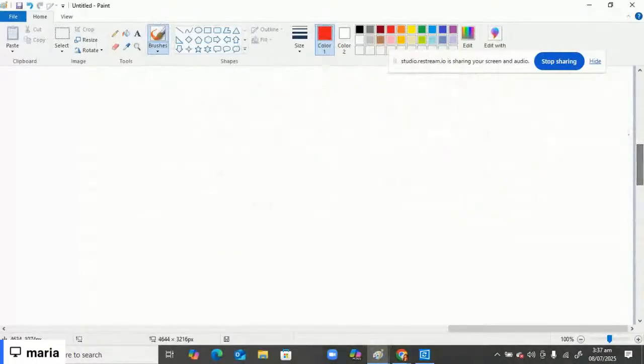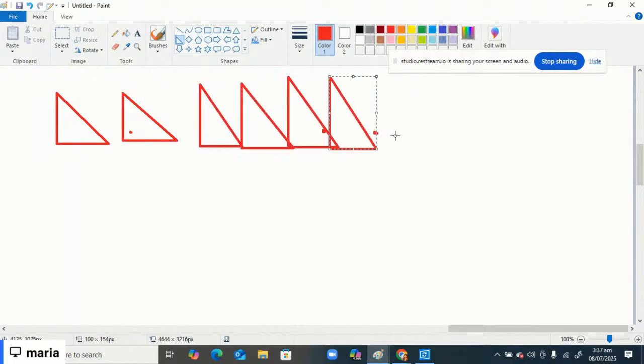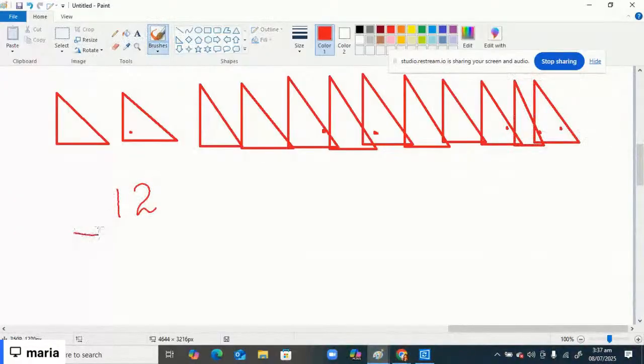Now tell me, if I draw it here, the triangles, okay? I'm going to draw 12 triangles here, and the colored ones are 3. So how many triangles are not colored?